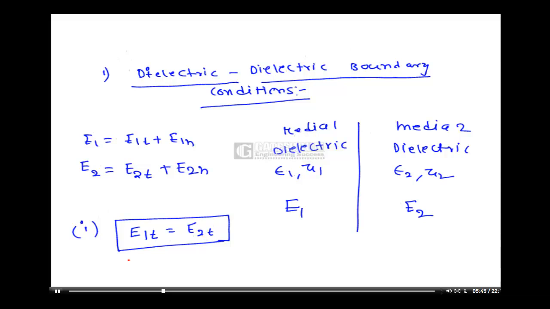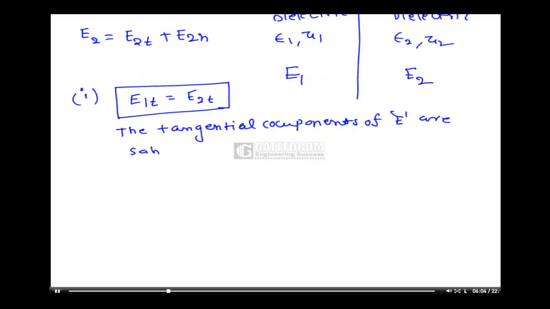That is, the tangential components of E are the same on both sides of the boundary.